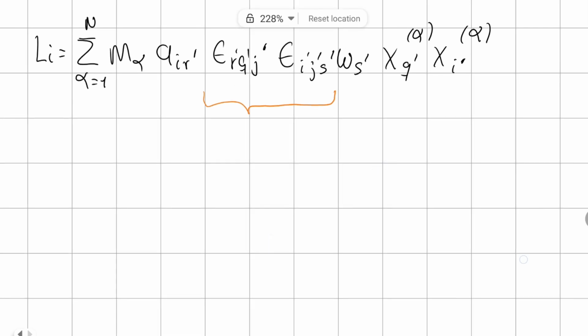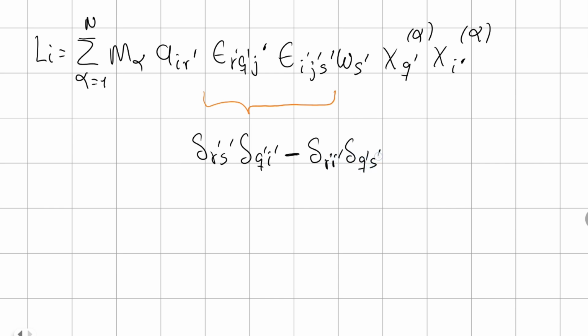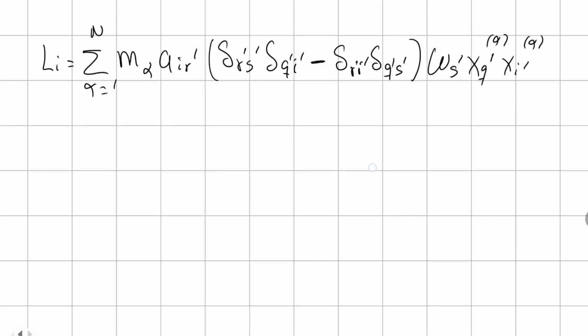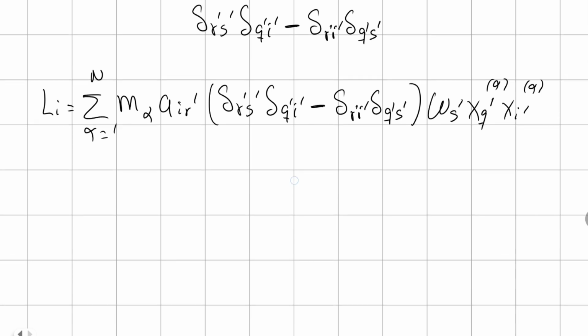It will be like this: this product of Levi-Civita symbols can be seen as the Kronecker delta R'S', Kronecker delta Q'I', minus Kronecker delta R'I', Kronecker delta Q'S'. Let me rewrite this equation in terms of this product of Kronecker deltas. Perfect, this is what we get if we replace this product into the angular momentum component.